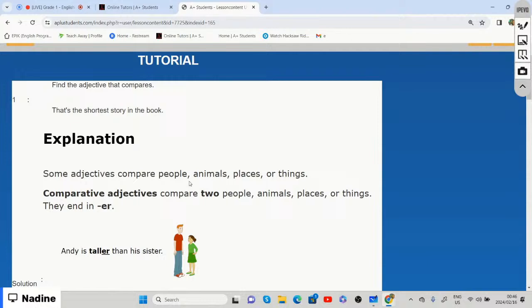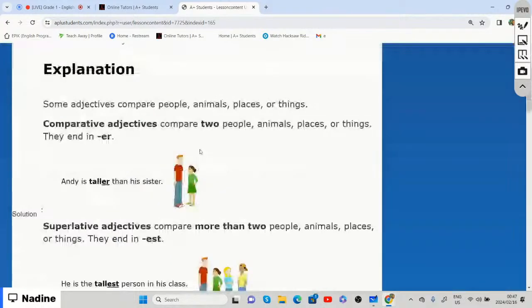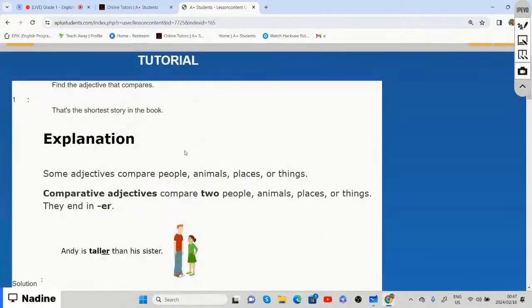So we still have comparative adjectives, which compare the pictures that are still at home. And we said that when it comes to adjectives, we have adjectives that compare.